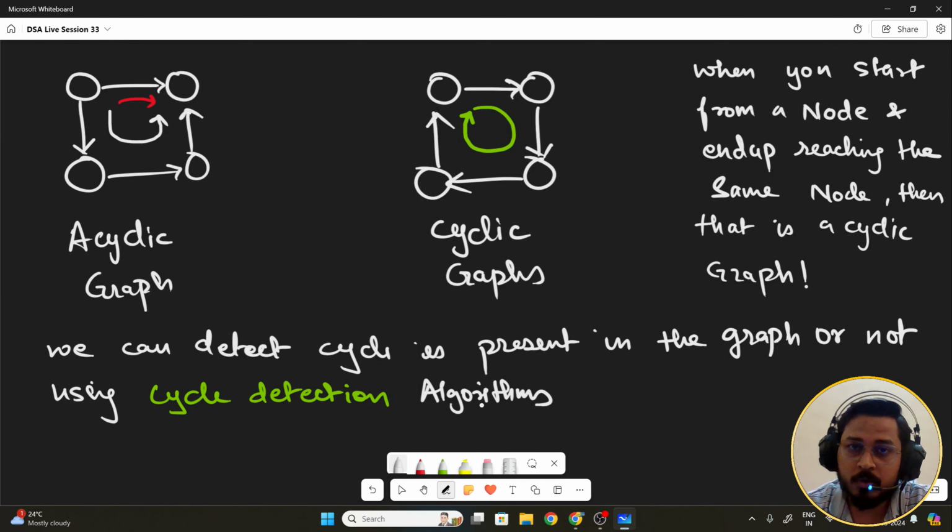In the future, we are going to study cycle detection algorithms. I hope that this is very much clear to all of you.